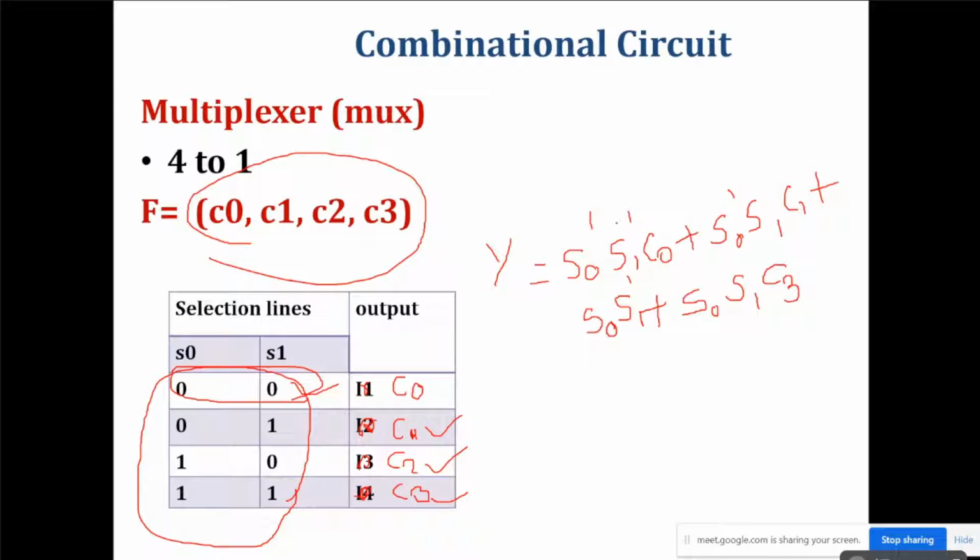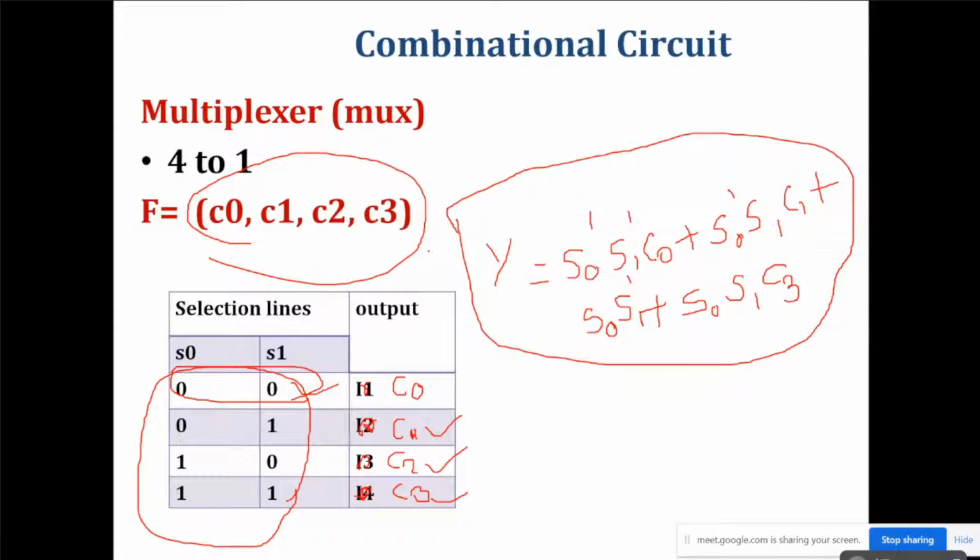Now tell me what we require here. What will be the circuitry to implement this expression for the 4 to 1 mux?